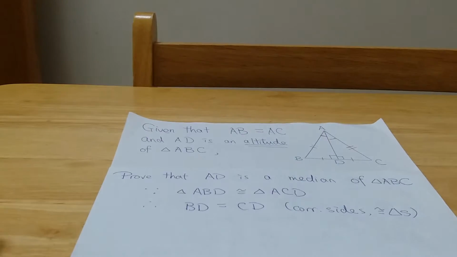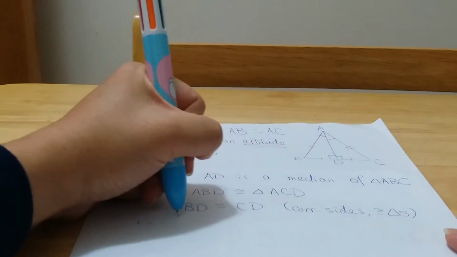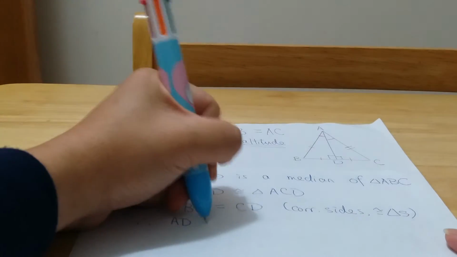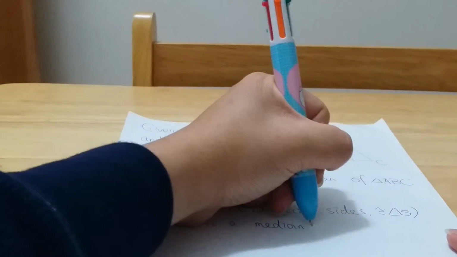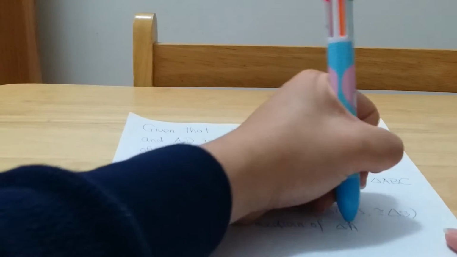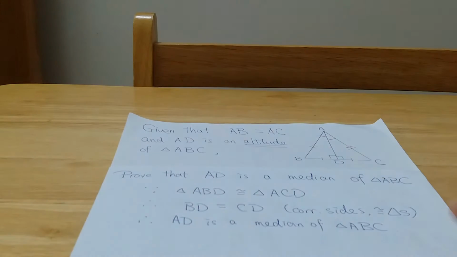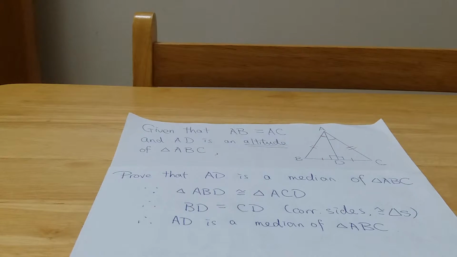We can prove this. So, we can write down AD is a median of triangle ABC. Okay, now once again, I will stop 30 seconds for you to understand what I'm talking about.